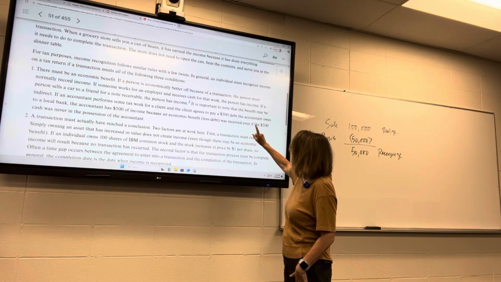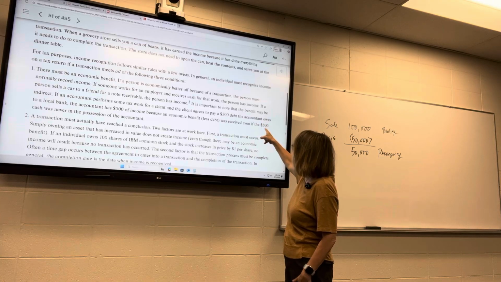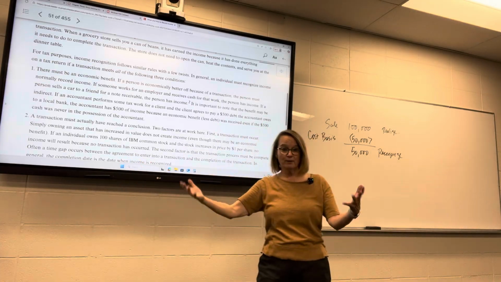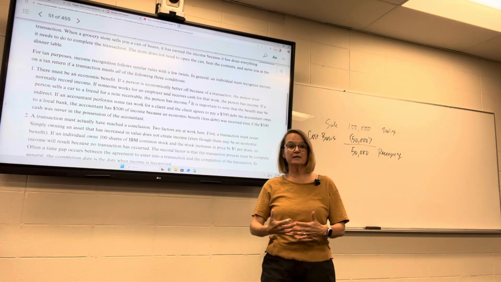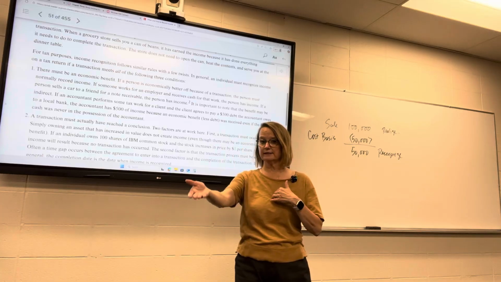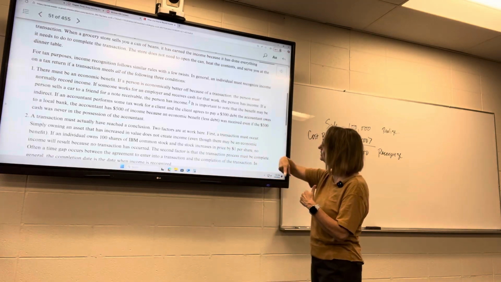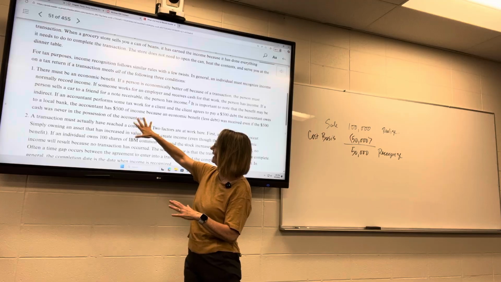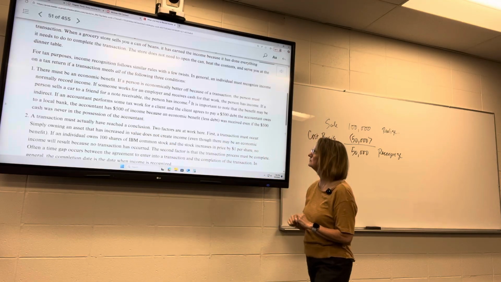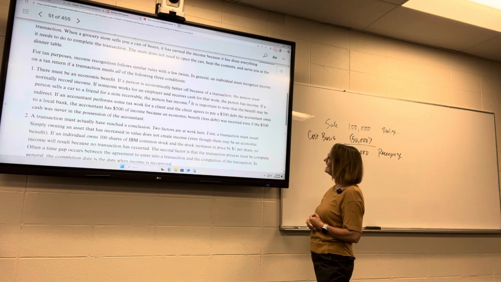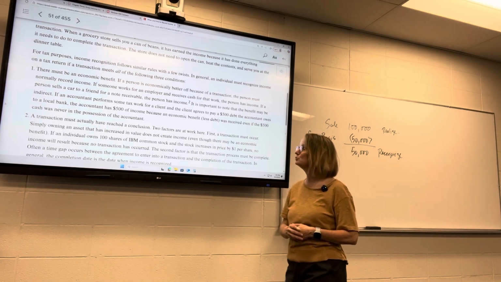Also, an economic benefit can be indirect. A direct economic benefit would be I earn some money and my employer pays me directly. An indirect payment would be, so I've got an example here. An accountant performs tax work for a client. The client agrees to pay a $500 debt that the accountant owes to a bank.